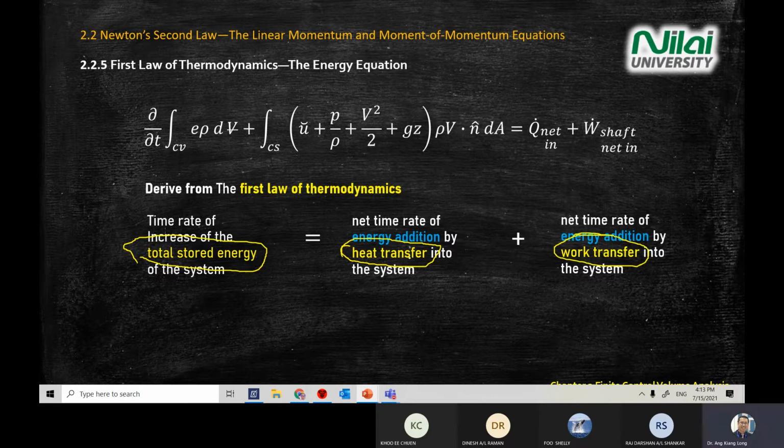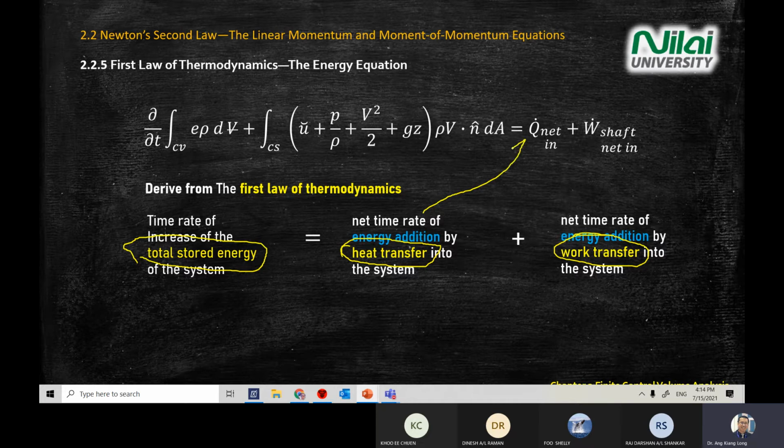One is the heat, one is the work. The energy in a system consists of the heat and the work inside the system. So heat and work are the keywords that contribute to the equation above.